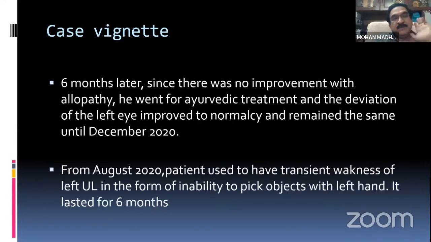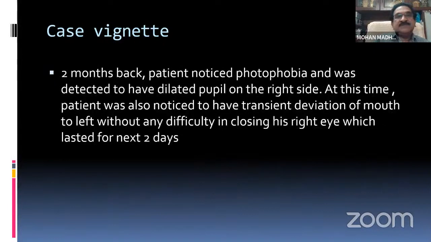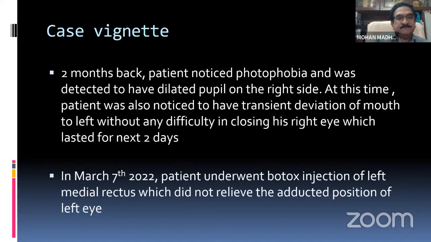From August 2020, patient used to have transient weakness in the form of dropping big objects with the left hand, which again subsided in 6 months' time. 2 months back, patient noticed photophobia and was detected to have dilated pupil on the right side. At this time, patient also noticed a transient deviation of the mouth to the left without any difficulty in closing the right eye, which lasted for 2 days.